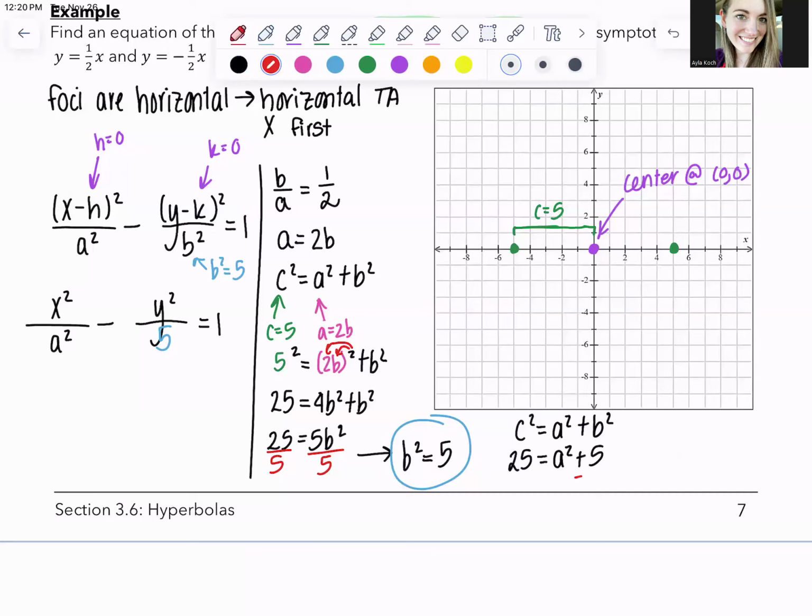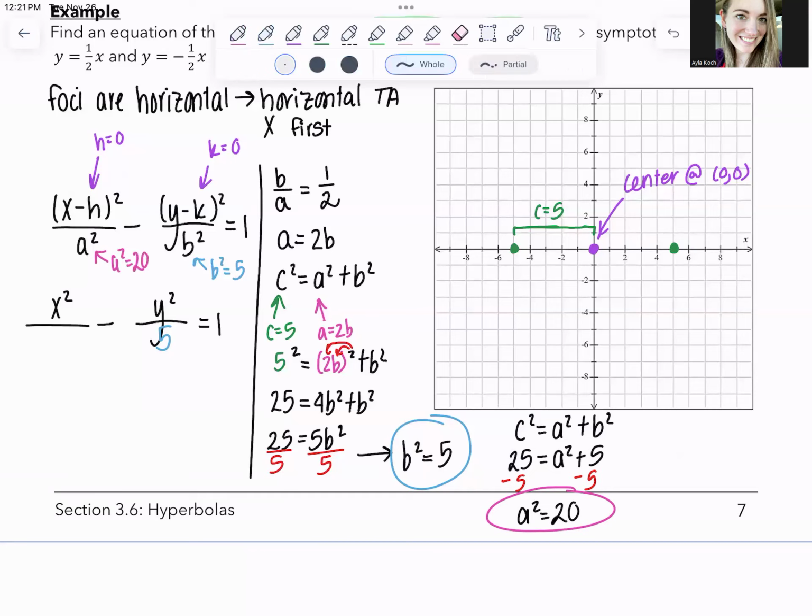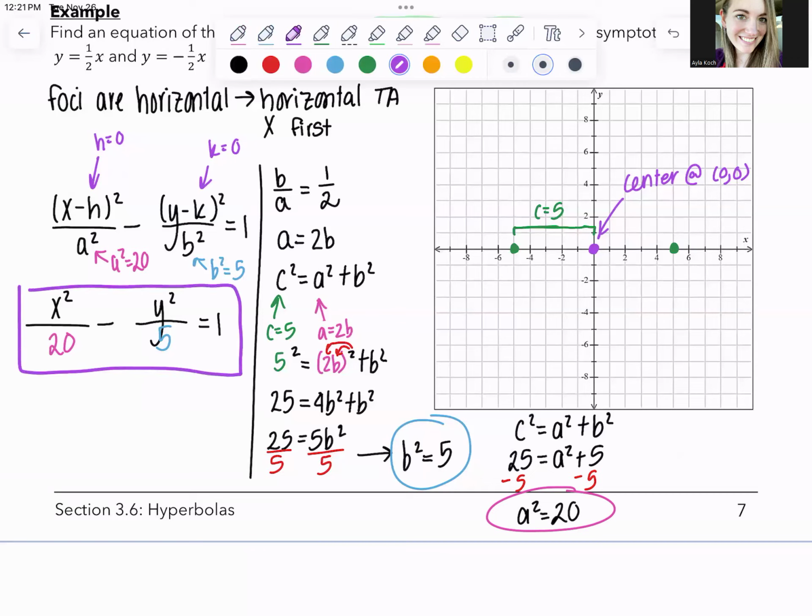So to figure out what a squared needs to be, I'm going to do minus 5 on both sides. You'll get a squared is equal to 20. And that is our final answer. x squared over 20 minus y squared over 5 equals 1 is that hyperbola we're looking for.